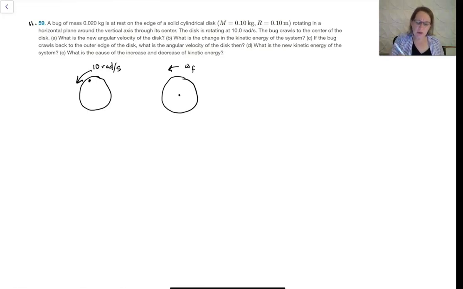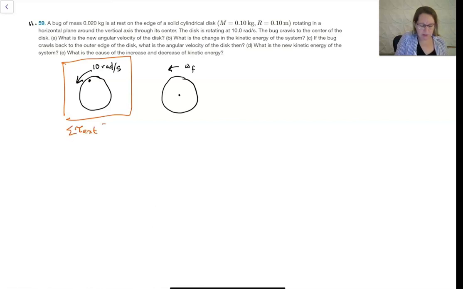We can treat this as a system, the bug and the platter, where we can say the sum of the external torques is equal to 0 because nothing is slowing the system down. Now the bug is certainly exerting an internal torque, but we don't know anything about that.